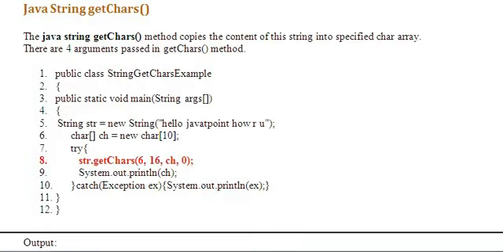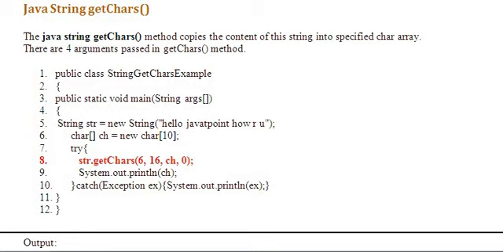The next method is getChars. It copies the content of any string into a specified char array. Look at line number 5, we have a string, and line number 6 we have a character array, and line number 8 we have getChars with arguments 6, 16.